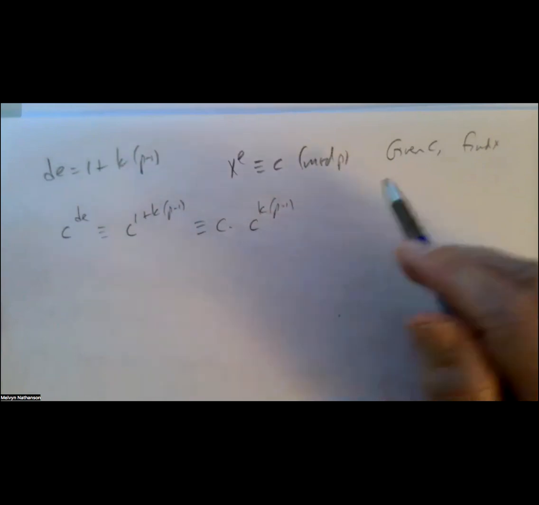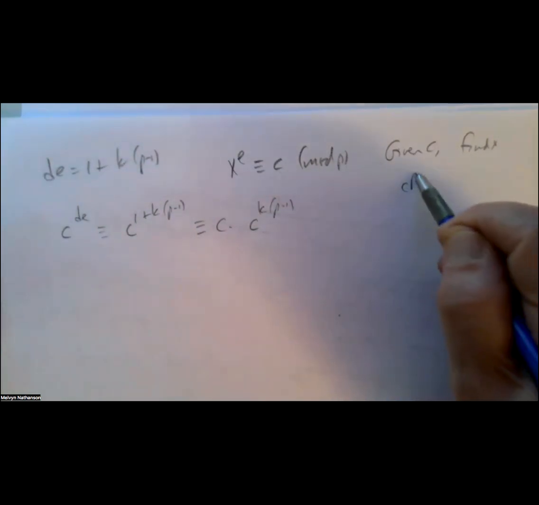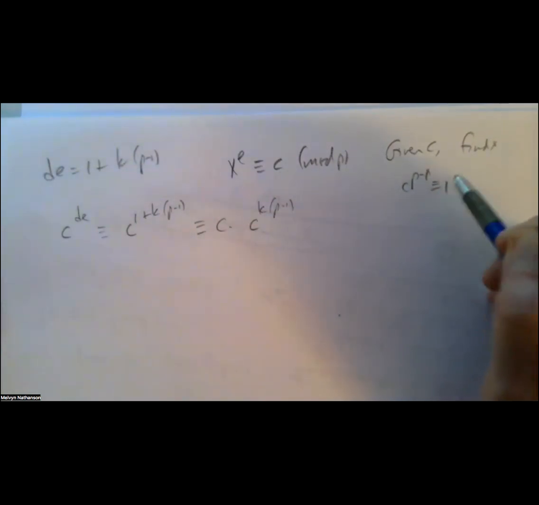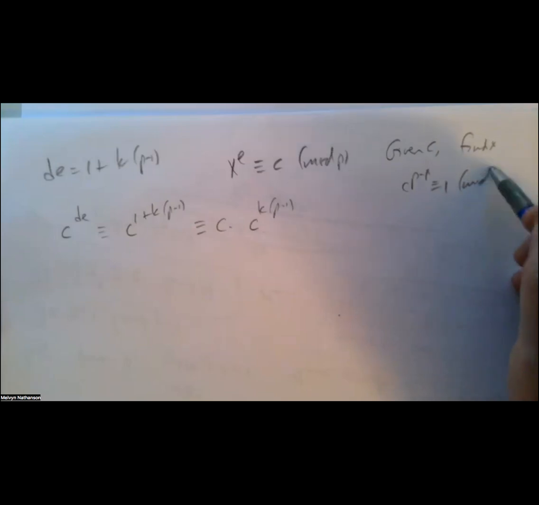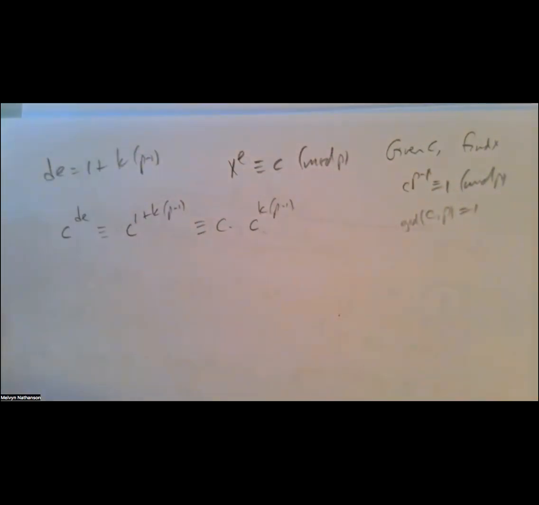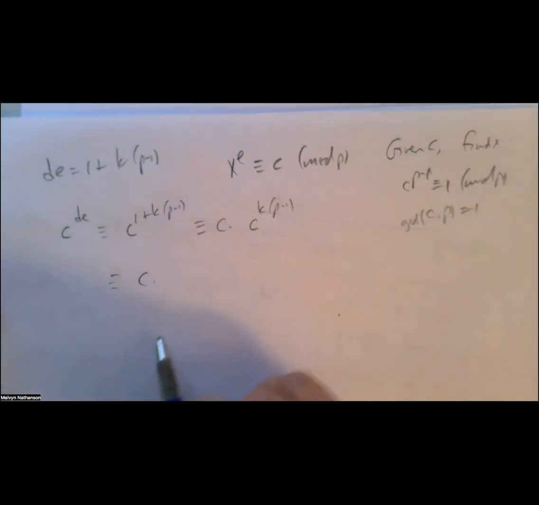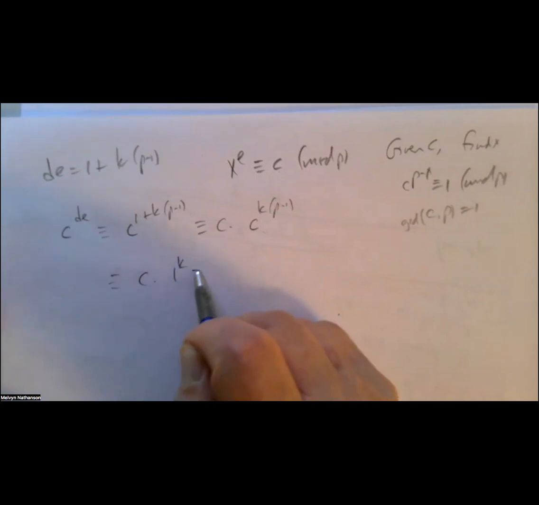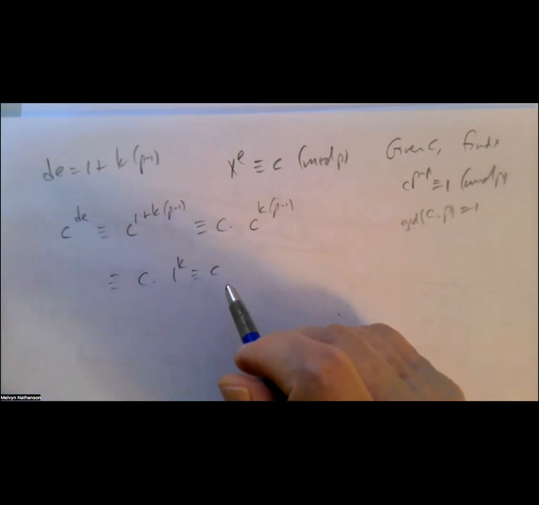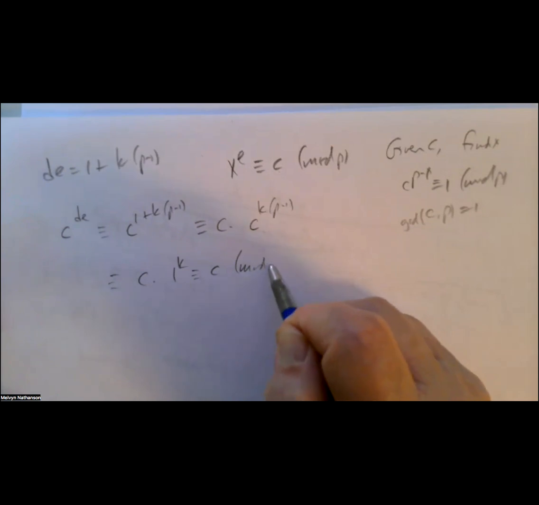But C to the P minus 1 is congruent to 1 mod P, if C and P are relatively prime. If C is 0 mod P, everything is 0. So this is congruent to C times 1 to the K, or just congruent to C mod P.